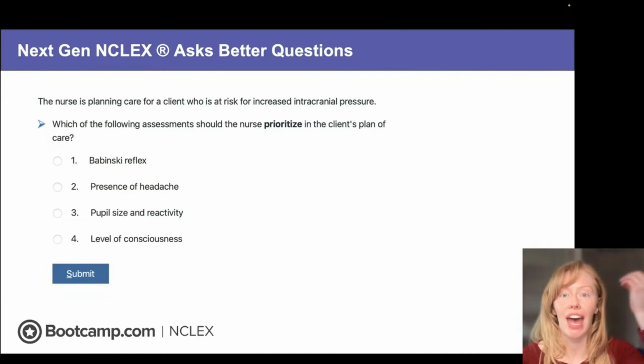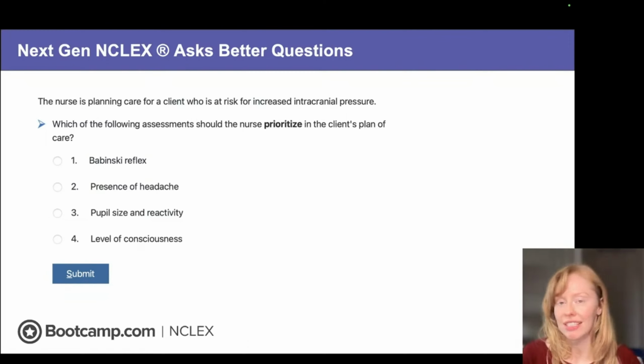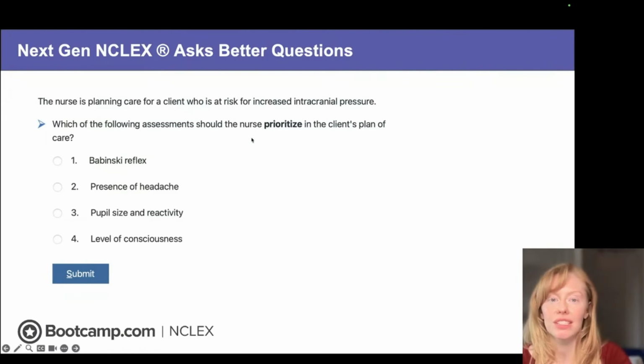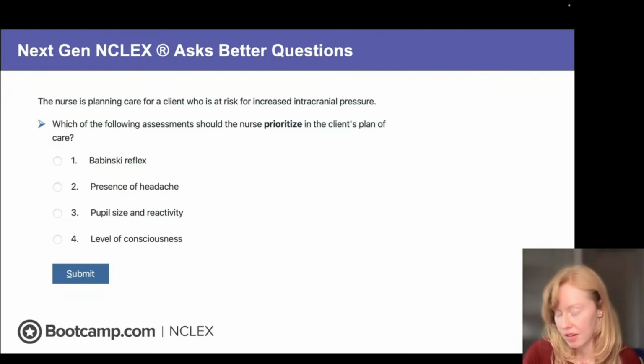Yes, Trisha, if they have bleeding in the brain, it's going to look like increased intracranial pressure. Lisa Bling says clear drainage from the nose, right? That might be a CSF leak. Yes, these are all things that we should be thinking about. And increased intracranial pressure is the big one. This is the classic one that you're going to get asked about on the NCLEX. So which of these assessments would we prioritize? Which is going to be the most useful for us to monitor increased ICP?